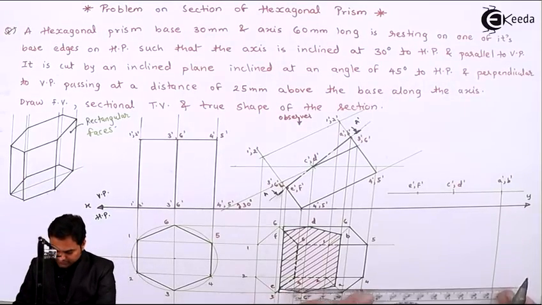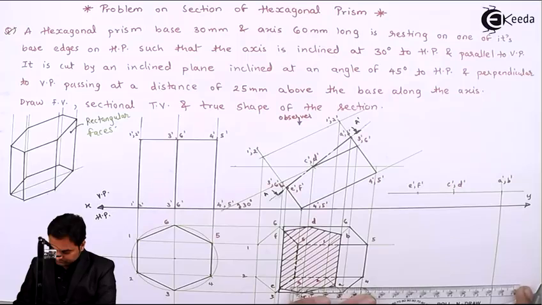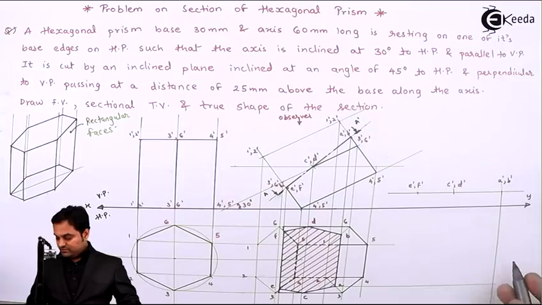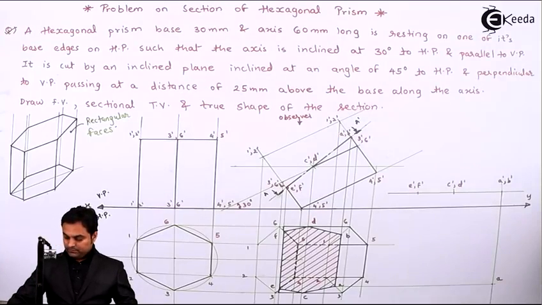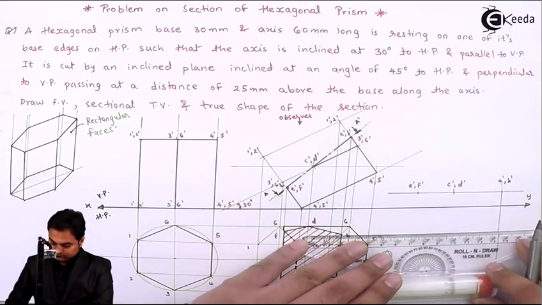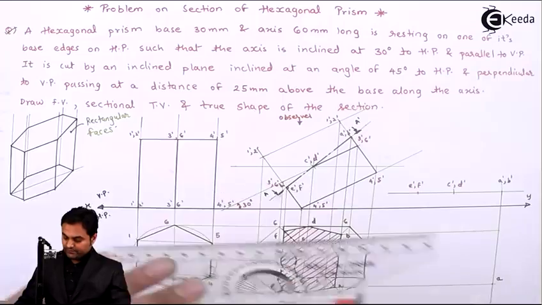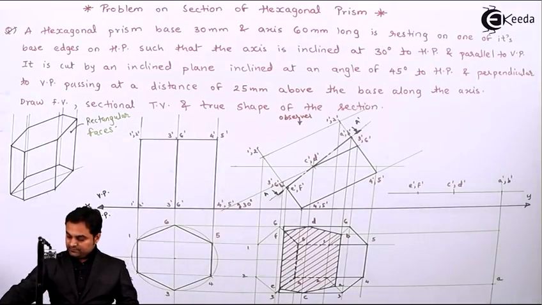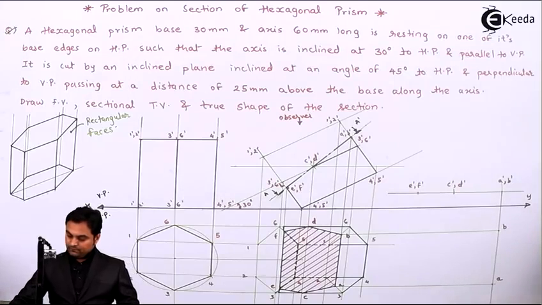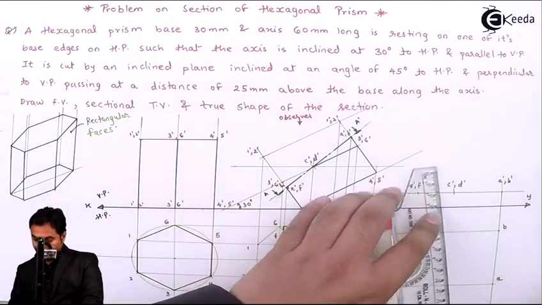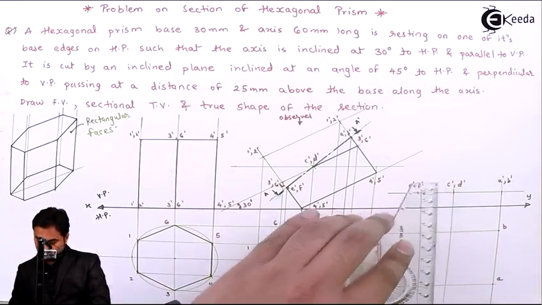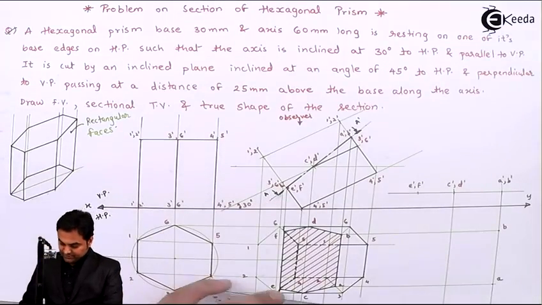Here point A will be projected, where A and A dash intersect, that gives us point A. Next B dash is on this same line, where B dash and B intersect, that is point B. Then C and D, here point C is there at the bottom.